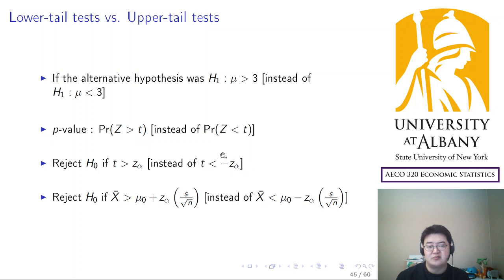So now in our example, we considered smaller than minus z, and the critical value also flips to the other side. So first, the inequality changes because you are rejecting if too large, so larger than a certain value will be rejected. And also you change the sign here. When you reject on the lower tail, you have to allow margin of error below the hypothesis.